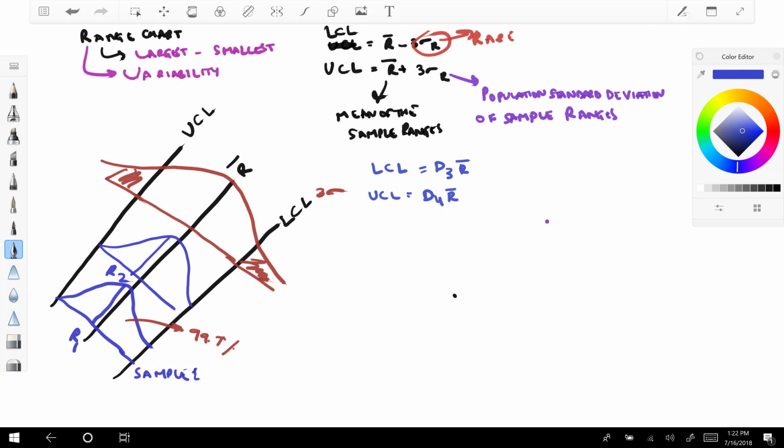D3 is the lower range factor, and D4 is the upper range factor. So this is how R charts work. So this is the R chart.